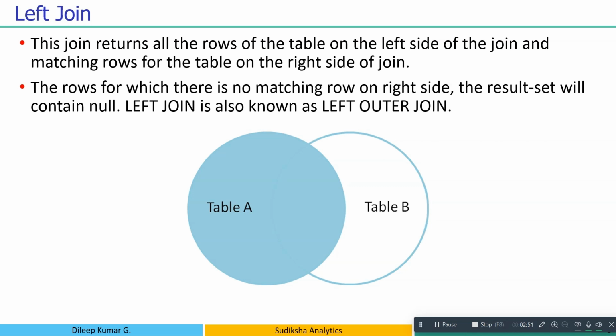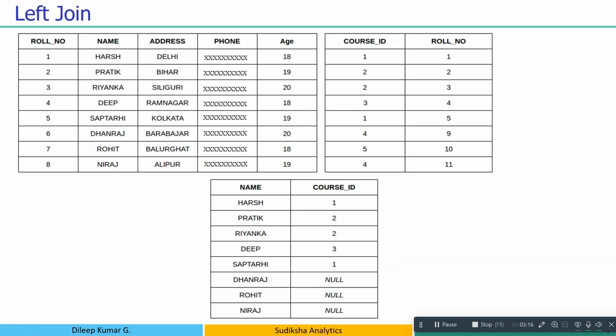Then left join. Left join means it returns all the rows from the left table which are matching with table B, right? I repeat again, all the rows from table A matching with table B. So this is left join, opposite to the right join.